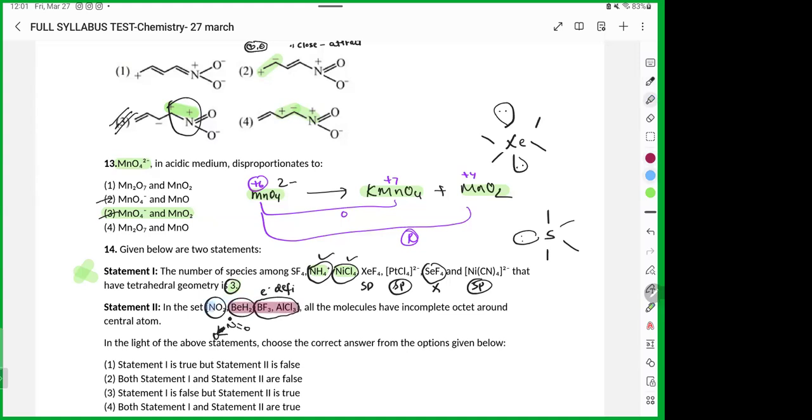You face an issue only in this. Any doubt, guys? This is correct.